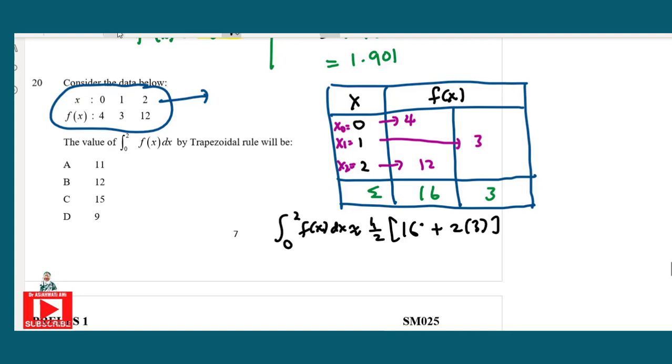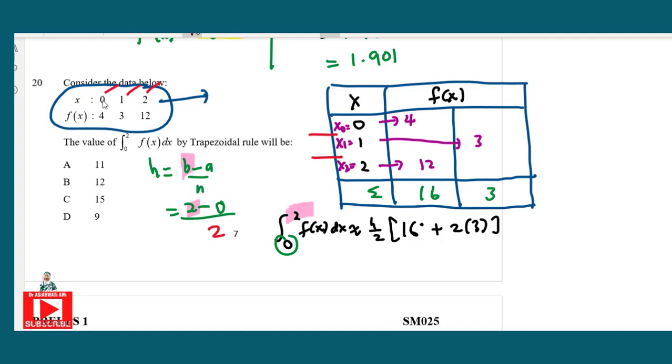H, we need to find h. Okay, h is equal to b minus a over n, and b is equal to 2. Okay, b is equal to 2 minus a, 0, over n. N is equal to 2, because the ordinates are 1, 2, 3.